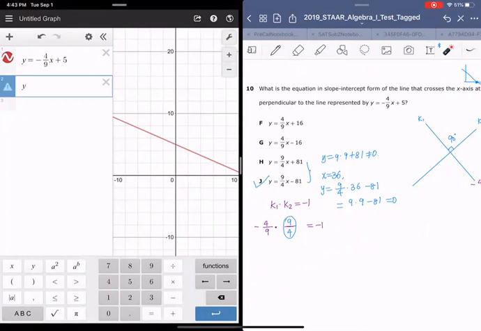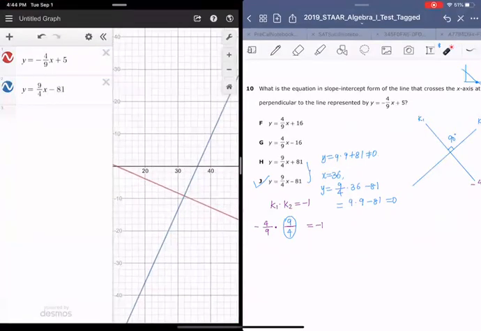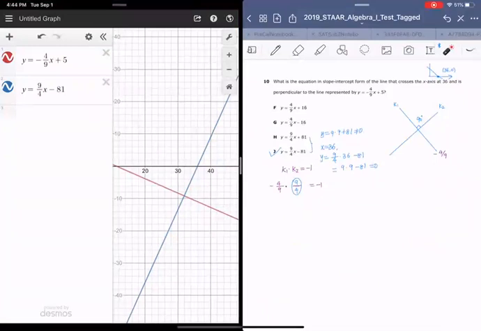So the other one is y equals 9/4 times x. If my answer, I choose minus 81. Look, this one passes. You see here, 36, 0, right? That makes sense?